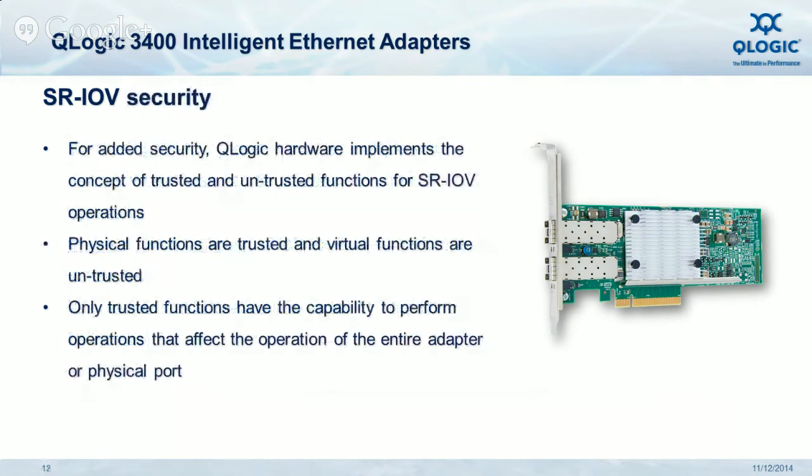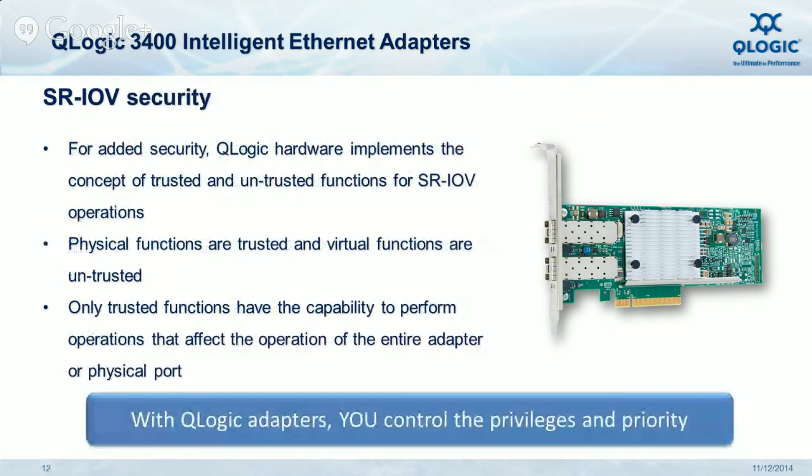One of the questions we get a lot is, so I can do SRIOV, I can get virtual machines to actually control the card or use part of the card. How do I know that that's secure? Very good question. We use something called SRIOV security. We have trusted and untrusted functions for SRIOV. Physical functions are trusted. Those are the things where I talked about slicing up the pipe into 4 chunks on 1 jack port.